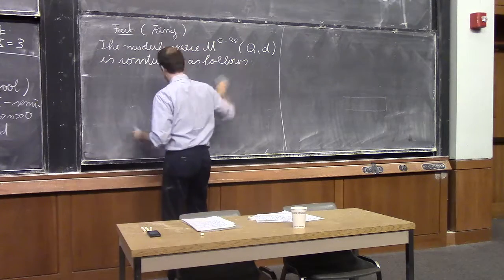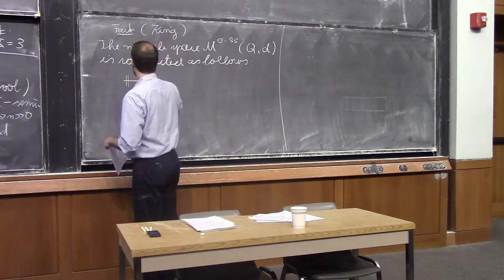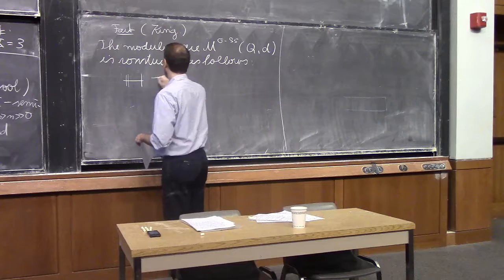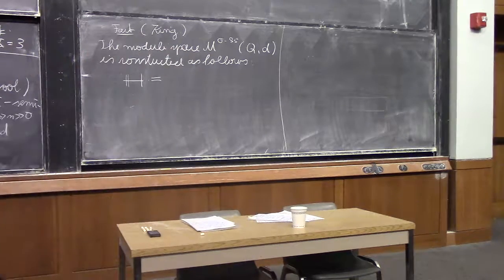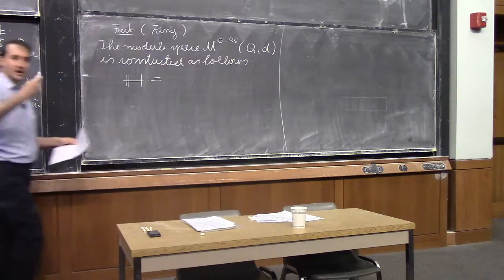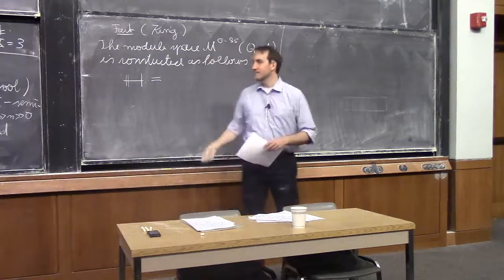What is a representation of a quiver? Well, you choose vector spaces of the correct dimensions on each of these vertices, and then you look at linear maps, as many as the arrows in your quiver tell you. So what do you have to parameterize? In the end, you look at linear maps.